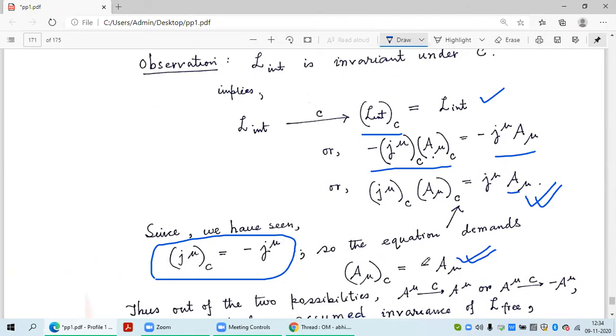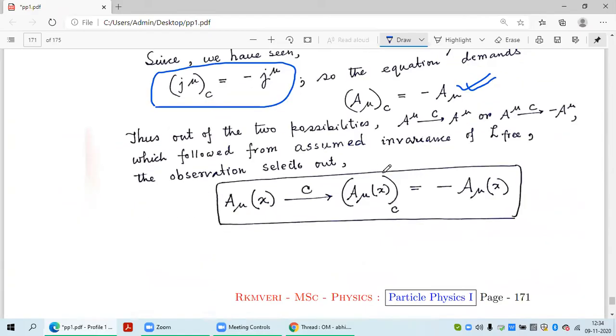If A mu C is equal to plus A mu, then this equation will not hold, meaning this interaction Lagrangian will not remain invariant, which is an observation. So observation selects out of these two possibilities, which followed from the assumed invariance of the free Lagrangian. The observation selects out the negative possibility.